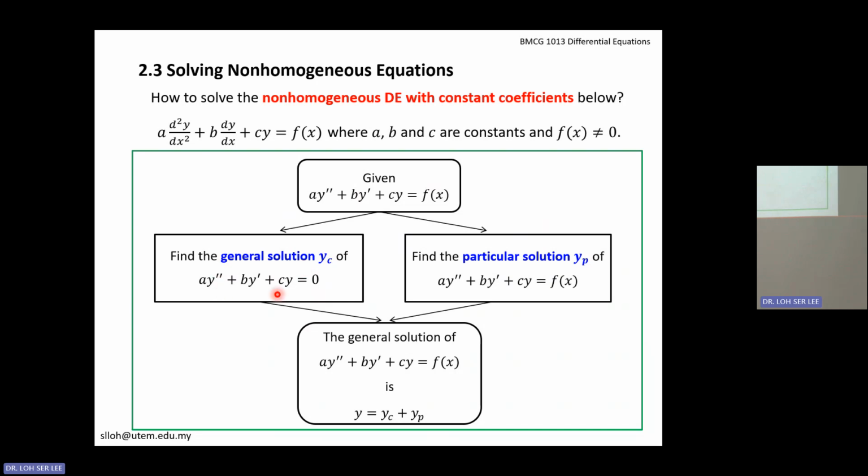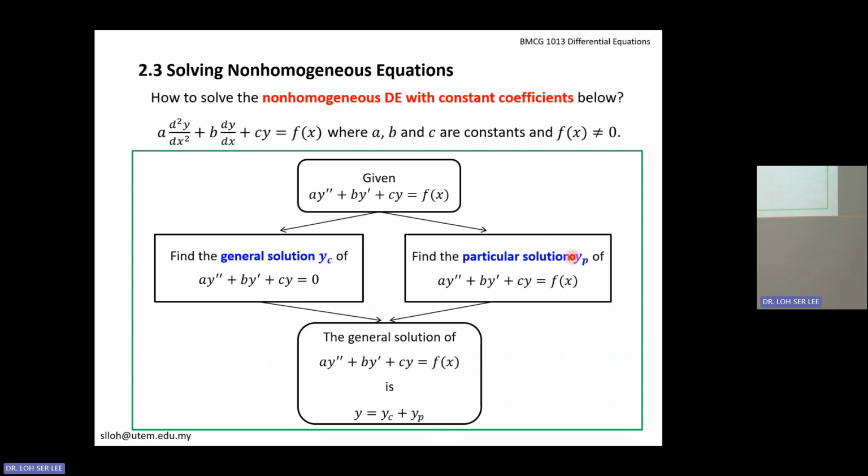From here you get the characteristic equation, find the values of m and form the solution based on the three different cases: real and distinct, real and the same, and complex conjugate. The solution that you obtain is now known as yc.